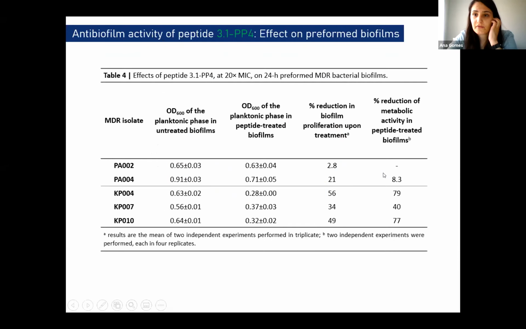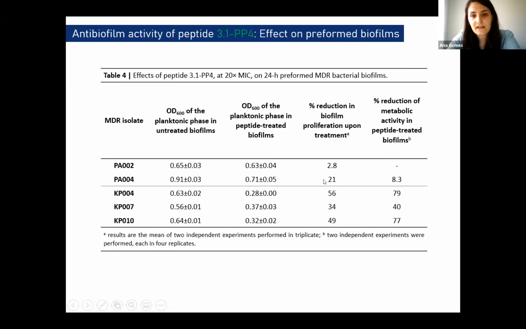Regarding the results on preformed biofilms, the biofilms of Pseudomonas aeruginosa and Klebsiella pneumoniae were allowed to grow for 24 hours, then were treated with 20 times the MIC and then allowed to grow for another 24 hours. And the optical density in the beginning and at the end of the planktonic phase was measured.